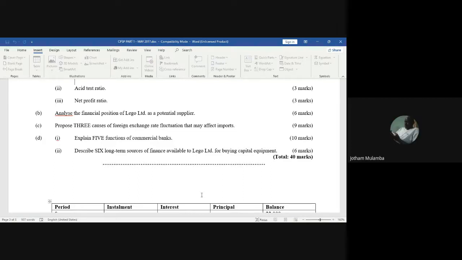So if it's 8 million, and we agree that we'll be paying 1 million per month for, let's say, 1 year, and we pay for 10 months and fail to pay for the last 2 months, then the company will come and repossess the vehicle. Once they repossess it, we cannot pay the remaining amount, so they'll consider the amount we have paid as hiring charges. They'll repair the vehicle and return it to the market for resale. So that's another long-term source.